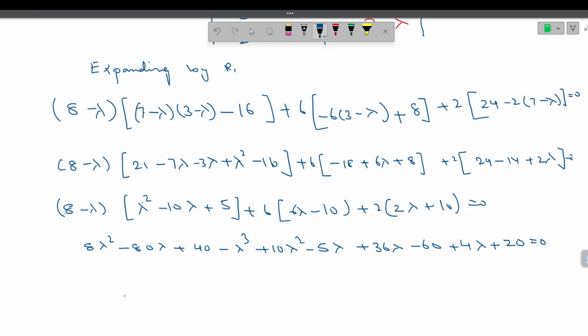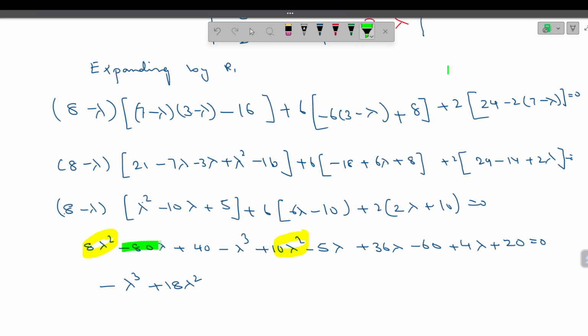You see lambda cube is only one, so I am writing lambda cube. Now for lambda square: 8 lambda square and 10 lambda square, both are plus, so 18 lambda square.